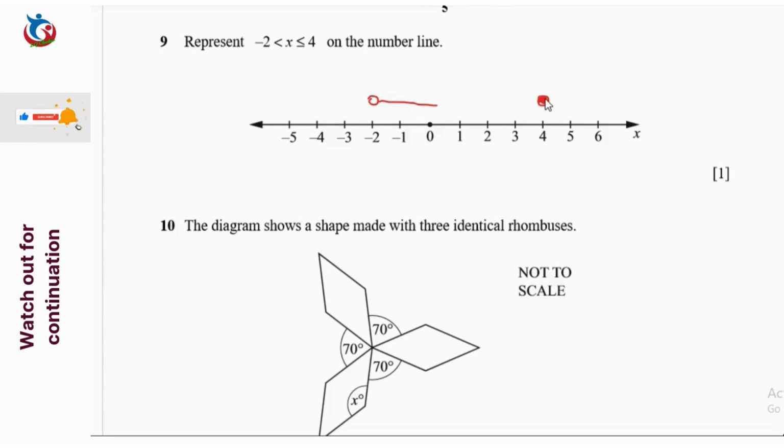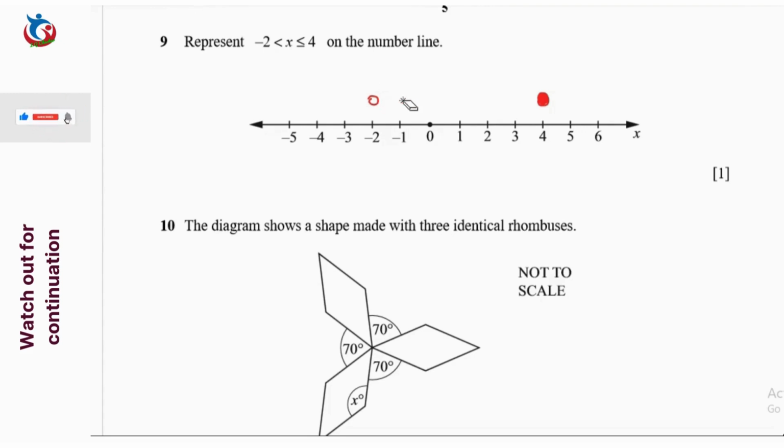So it makes it different from the normal less than. This one, less than or equal to, will need to be shaded. So you have this over 4, you have this over -2, and then you draw your straight line.